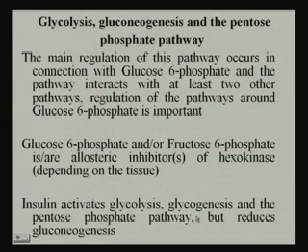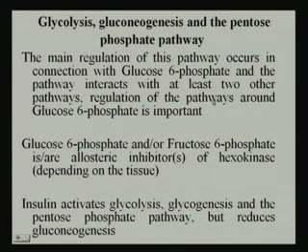Now, if we see glycolysis, gluconeogenesis and the pentose phosphate pathway, the main regulation of these pathways occurs in connection with glucose 6-phosphate, and this pathway interacts with at least 2 other pathways.